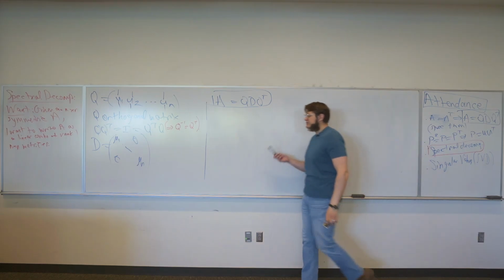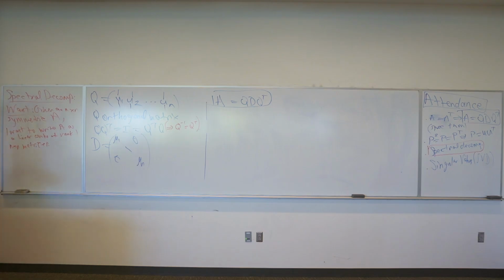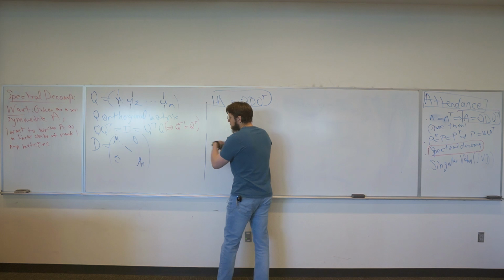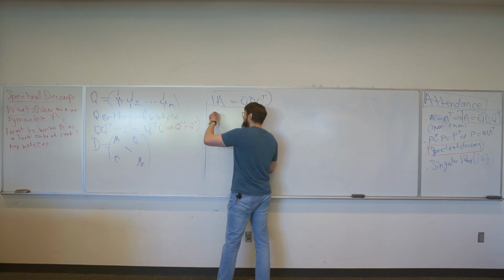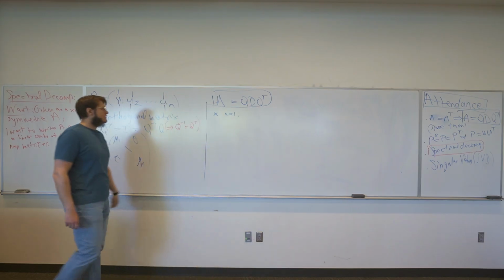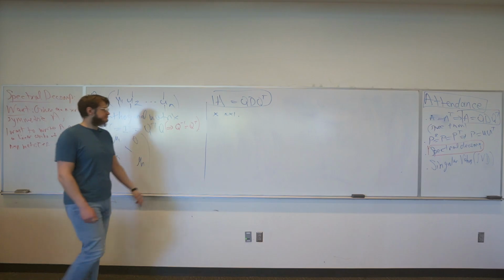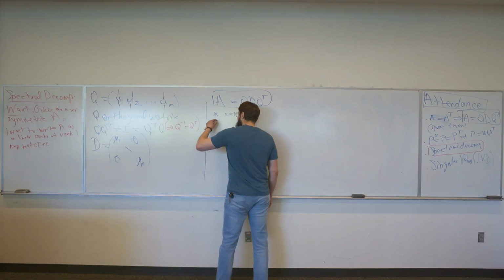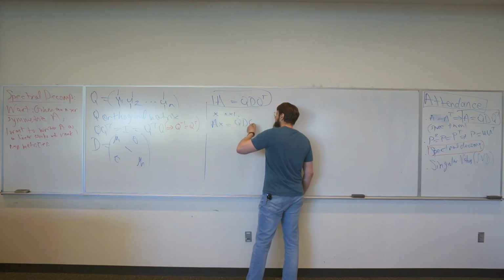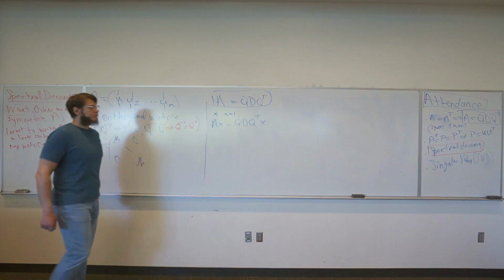Now, I'm going to do something, and I hope it's going to look familiar. I'm going to ask you once we're done with this calculation. So let me take some n-dimensional vector x, and I'm going to look at Ax. This is QDQ transpose x, just substituting the spectral theorem.